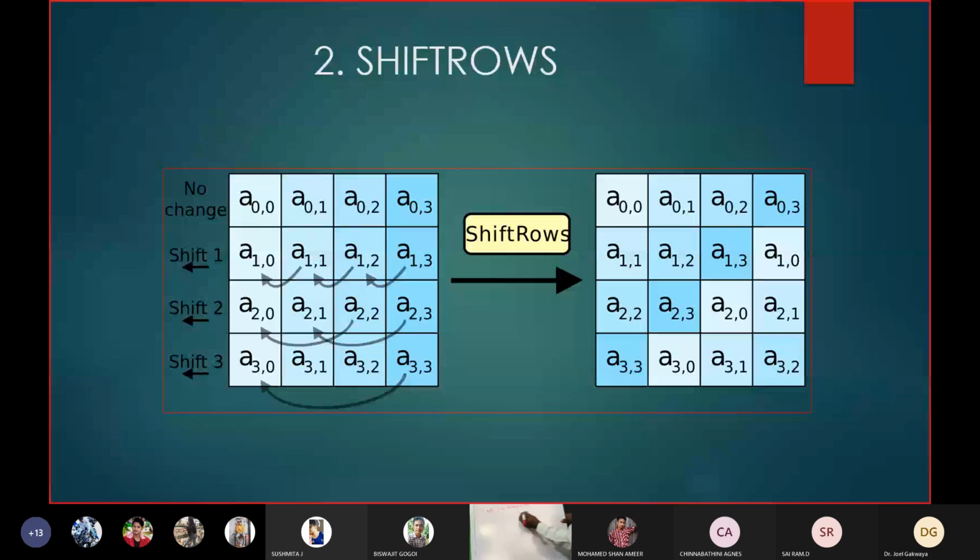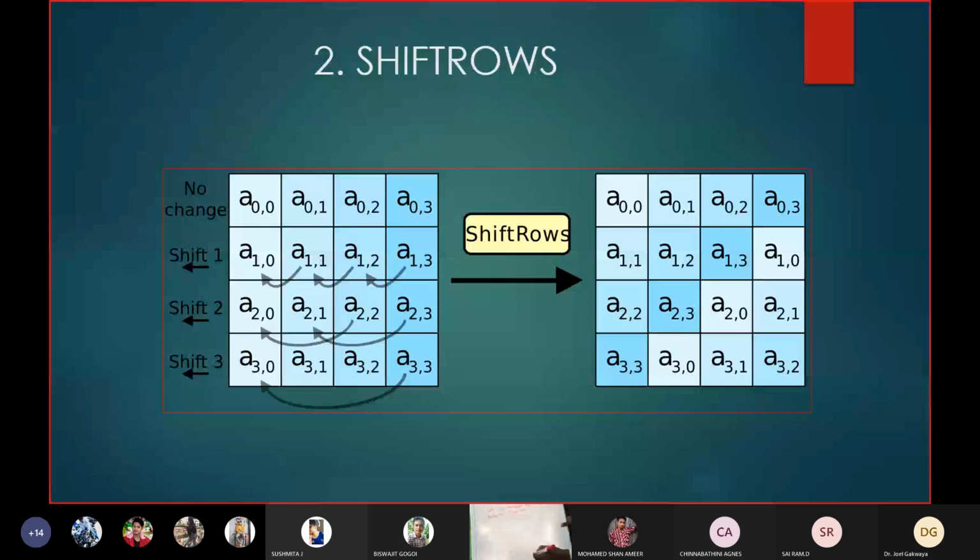This one was a mathematician or physicist. He was a Belgian scientist who developed the first AES. So in this development of the first AES, he suggests that the shift row should work this way.